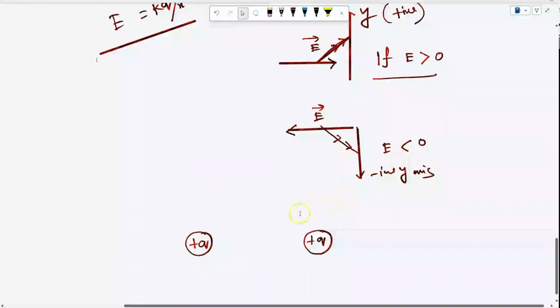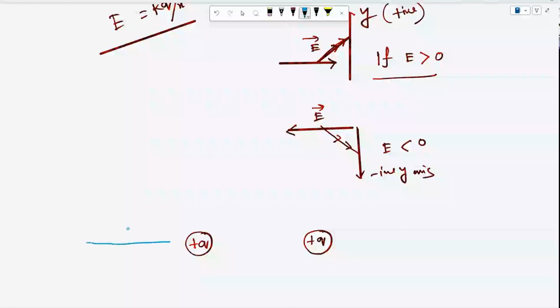This time when you take these two charges side by side, plus q and plus q, we will observe that the distance along positive x-axis will divide the whole region of space into three regions.